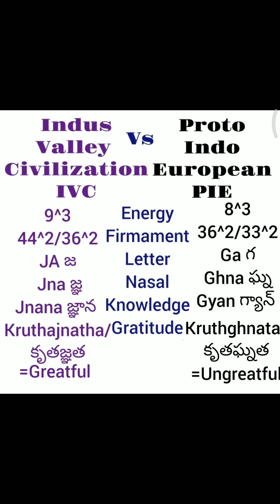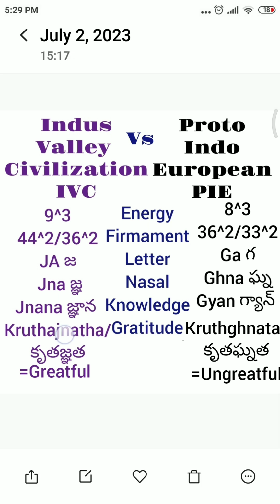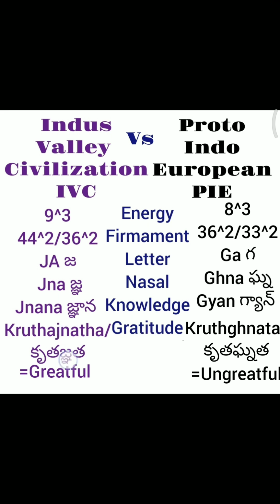If you do someone some favor, then if he is grateful, that guy is called kritajna. Krita is doing, actually. Jna is a good word, meaning this guy is grateful.